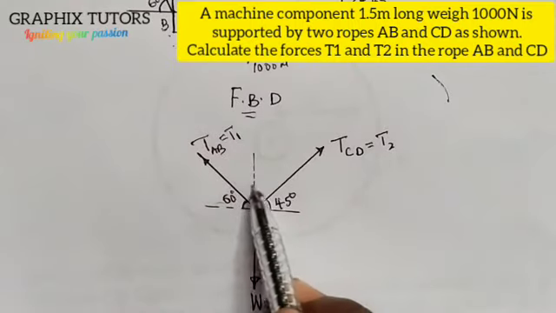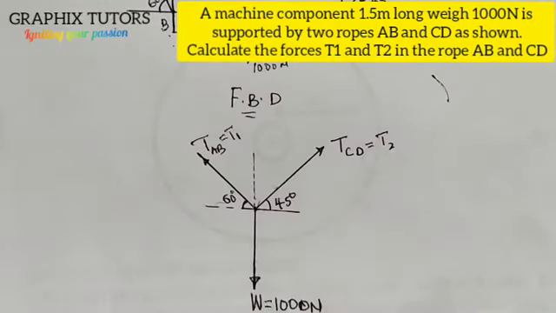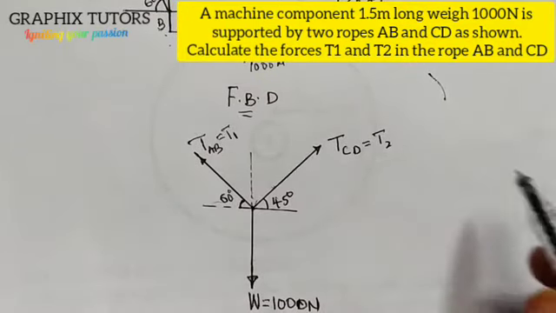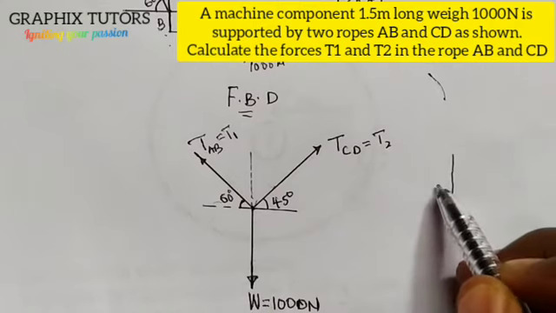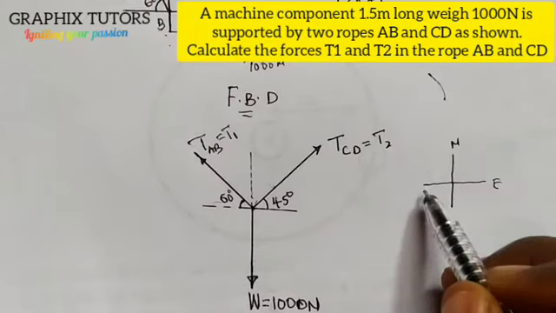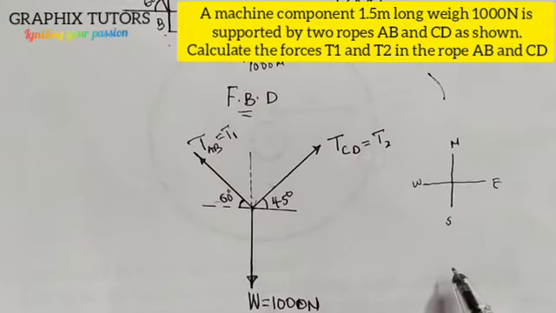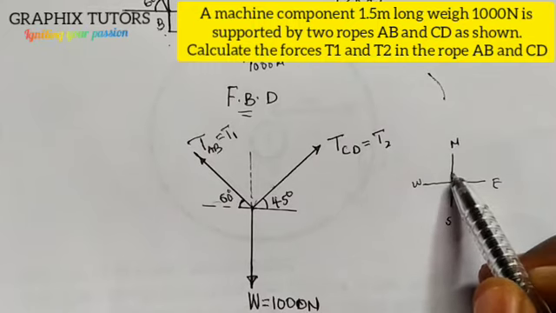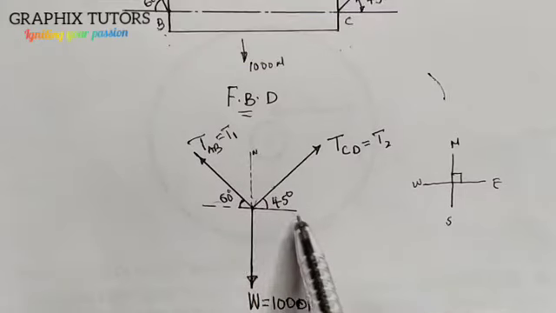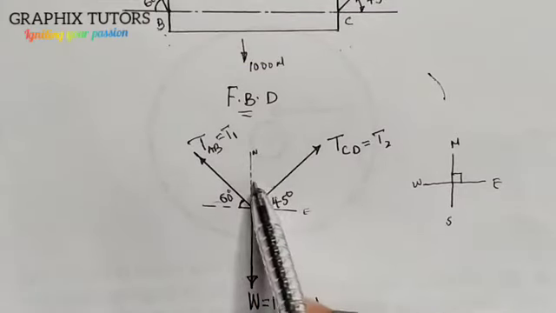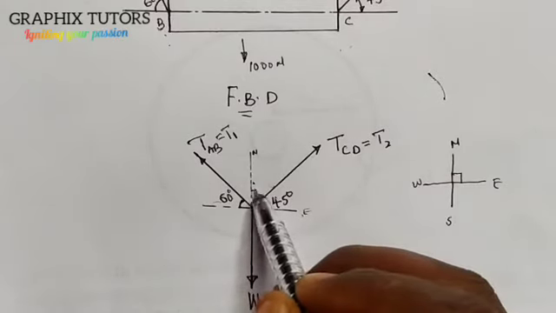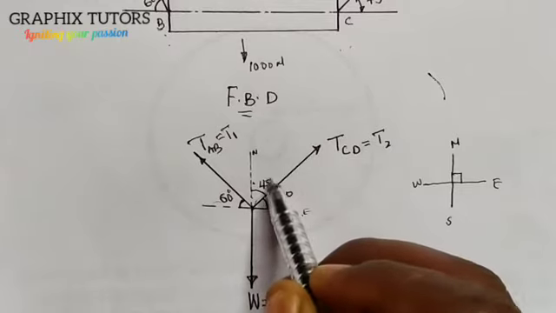We don't really know the angle between here and here. In knowing the angle between here and here, it's as simple as this. We know that in bearing we have 4 cardinal points: the north, the south, the east, and the west. Between the north and the east is 90 degrees, and we assume this is the north and this is the east. So if you remove 45 from 90, what remains is another angle of 45 degrees.